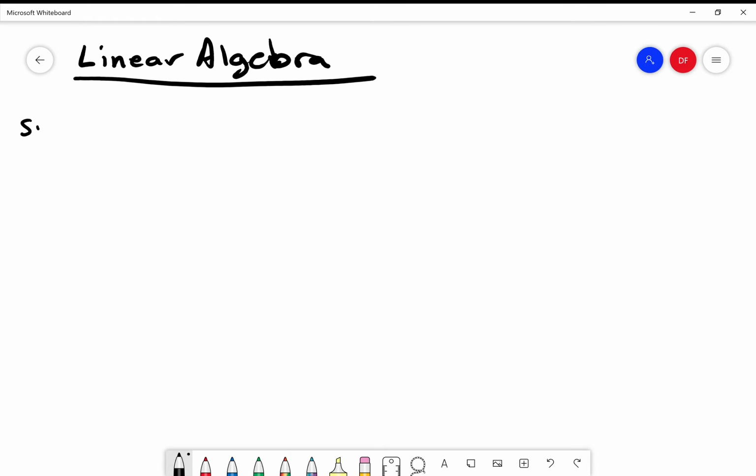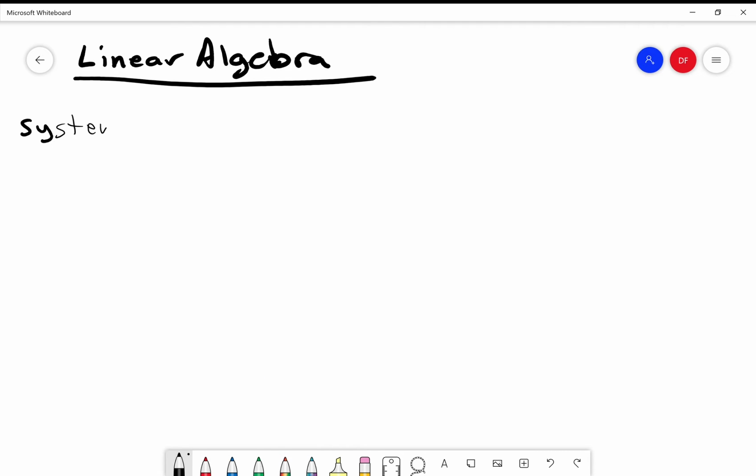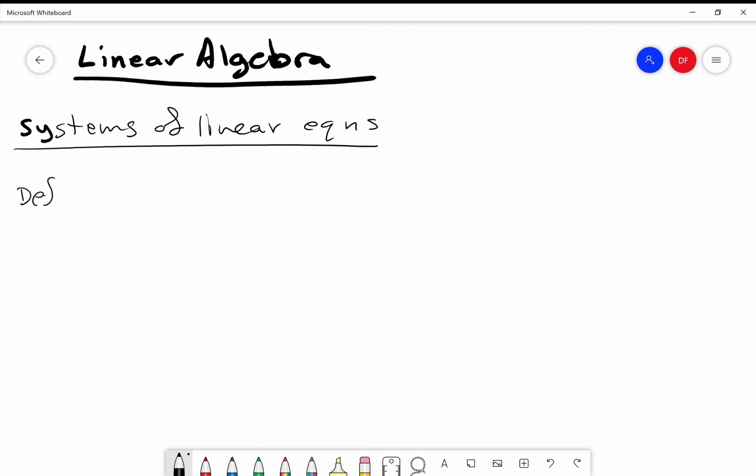We will start with systems of linear equations. So first let me give a definition.